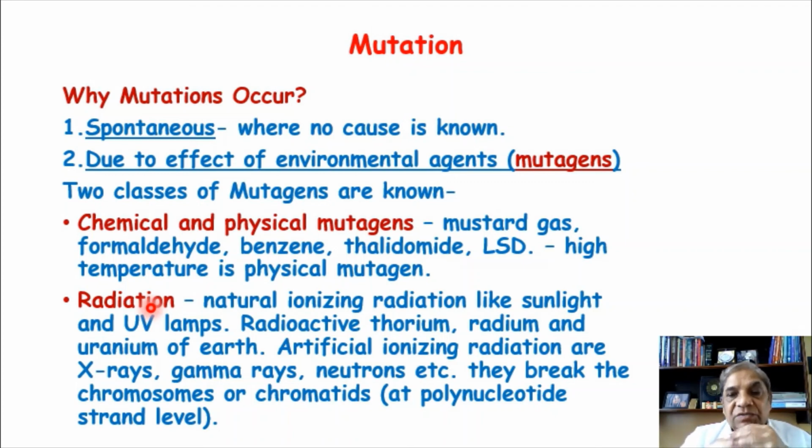This will lead to deletion or various kinds of structural abnormality in the chromosome or chromatid. It may also happen at the polynucleotide strand level, at the DNA strand level, or at the messenger RNA level. It may affect any RNA or DNA.